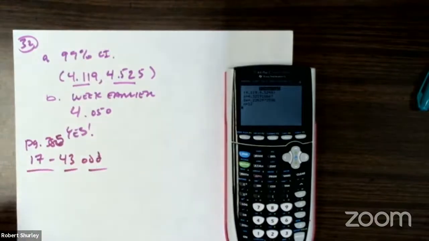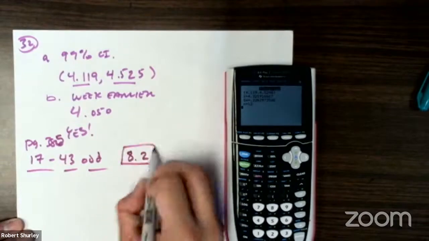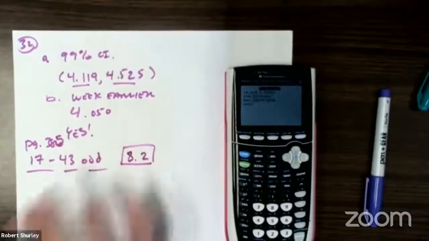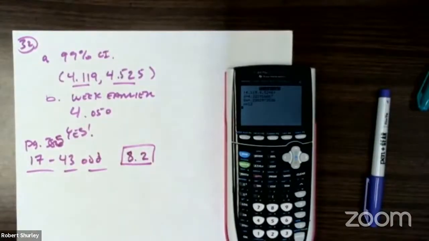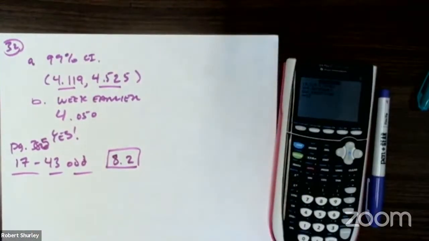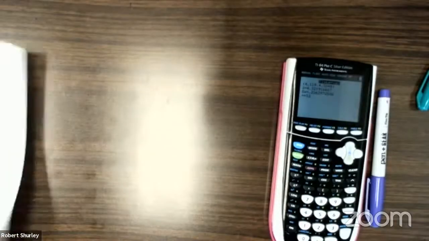The main thing is to understand how to put it in the calculator. It'll also go through some interpretation, and whether it's a data set or just the stats from the data set.